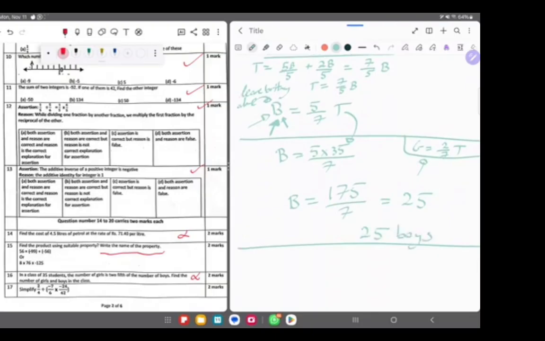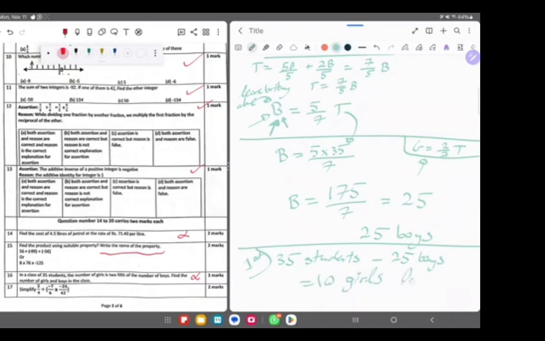Now, if I've got 25 boys, I can easily do the first method: 35 students minus 25 boys. So I am left with 10 girls.